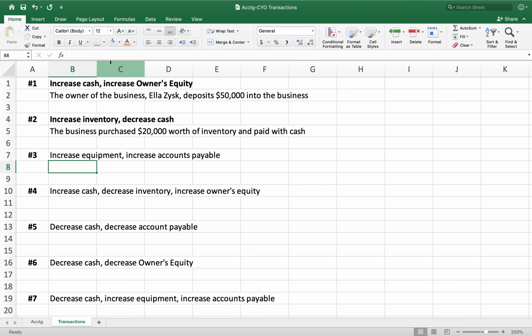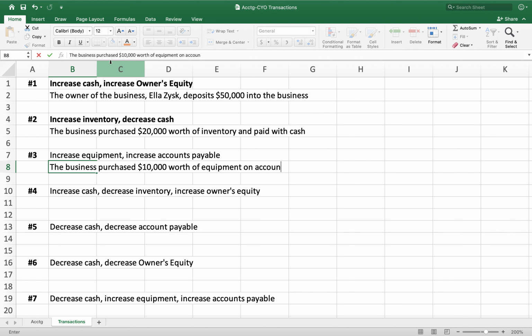Okay, here we go. Next one, increase equipment, increase accounts payable. So we are buying equipment, but we're not paying cash for it. So we are going to borrow money. This is going to be a liability. So it's going to be similar to the one before. The business purchased, let's say, $10,000 worth of equipment, and we pay for it on account because that is a credit transaction.